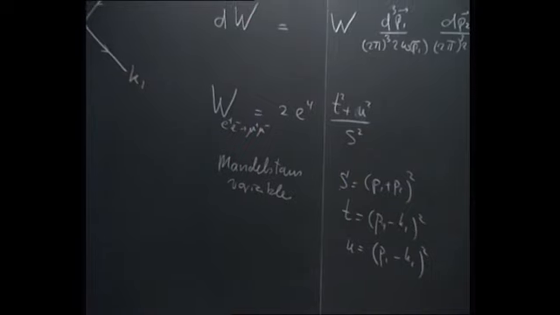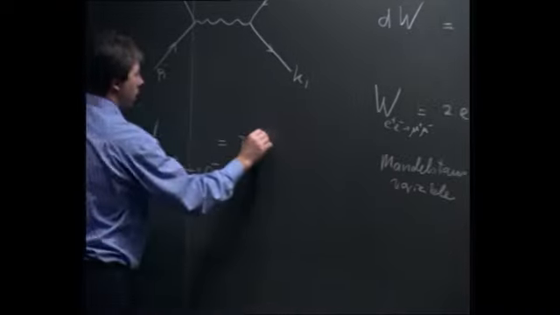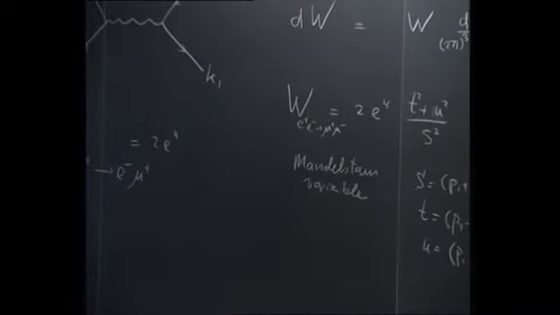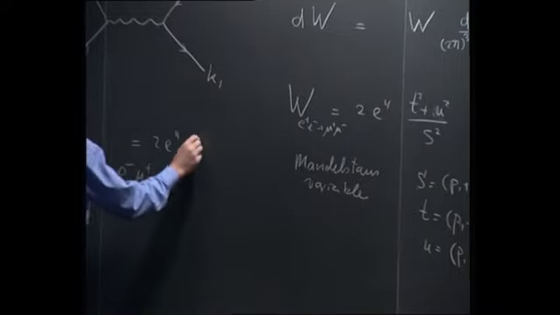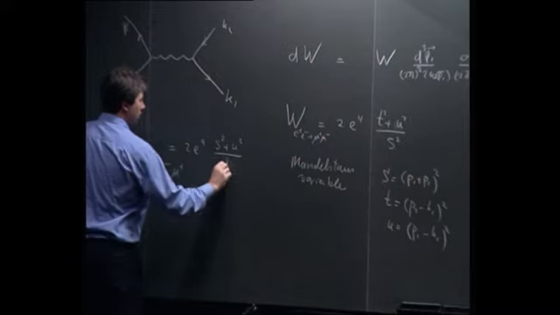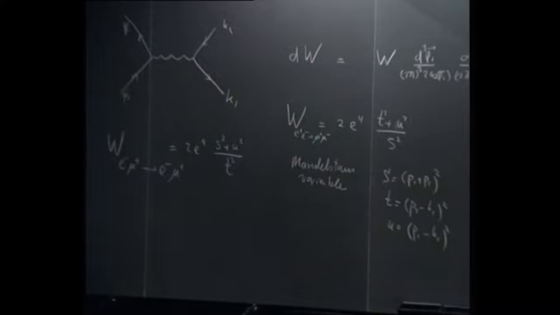The expression for this process is very similar, except s and t get interchanged. So you get s squared plus u squared divided by t squared. But it's a similar result.